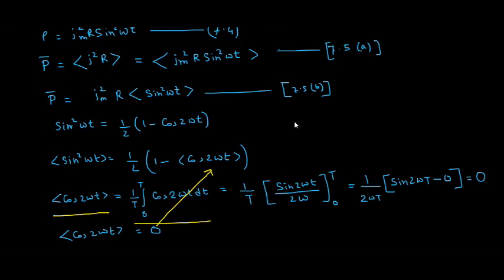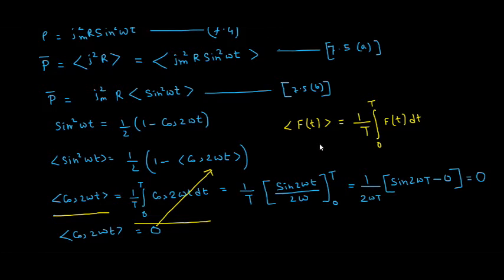There is an integration rule. The average value, the mean value of a function f(t), has a formula: 1 upon T, integration from 0 to T, f of t dt.